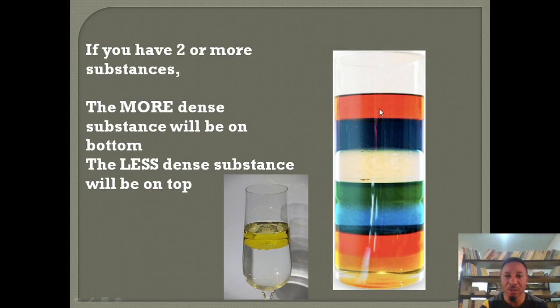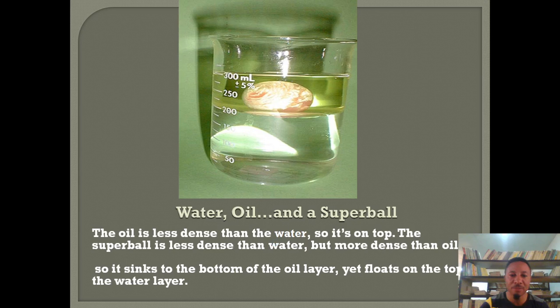We can see that this is the least dense and this one is the most dense. Now here we have oil and olive oil and water. You can see that this one actually floats on water because it is less dense. It's giving us different layers, isn't it?